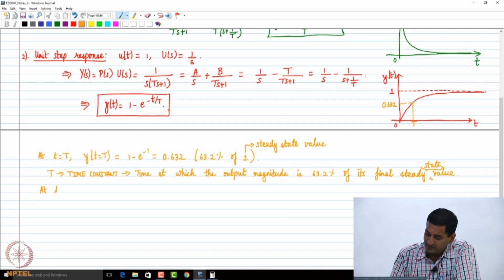Now we can immediately observe that at time t equals capital 4T, the value of the output is going to be 1 minus e power minus 4, right?